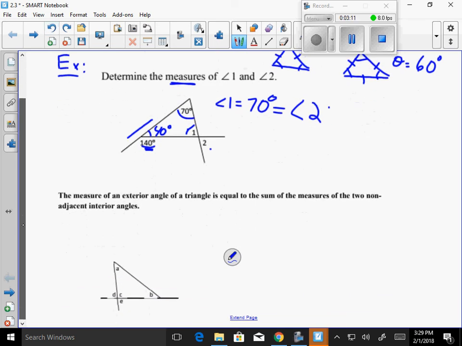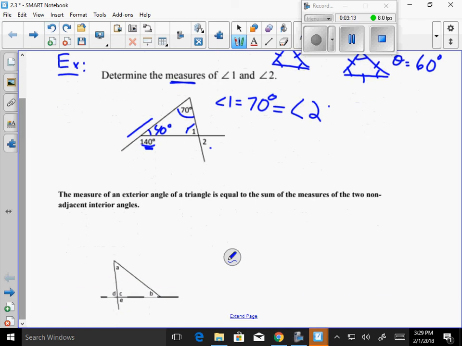And that ties in with this statement here. That says the measurement of an exterior angle, so the angle outside a triangle, is equal to the sum of the measures of the two non-adjacent interior angles. All right, so that's quite a bit. The two non-adjacent, so by non-adjacent I mean the ones that aren't touching, interior angles, the inside ones.